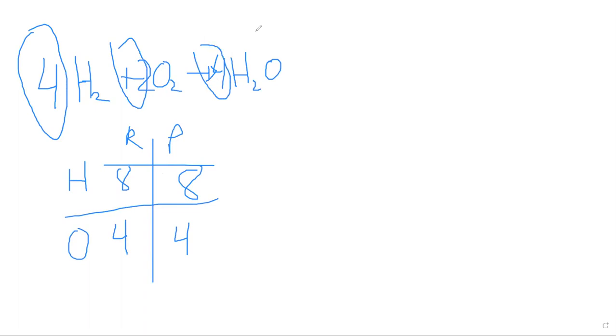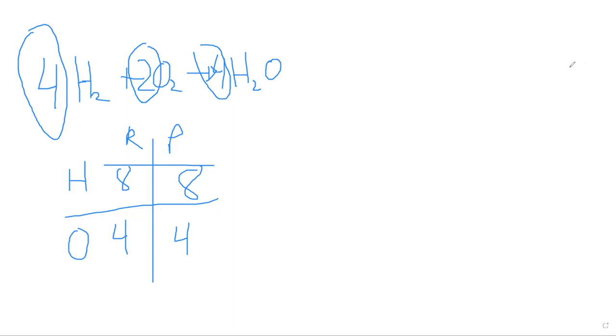Sorry, that second circle was awful. What do you notice about all the coefficients? 4, 2, and 4. Is there a common factor there? They're all even, so what can we do? We can reduce it. A balanced equation is the lowest possible whole number ratio that you can come up with.